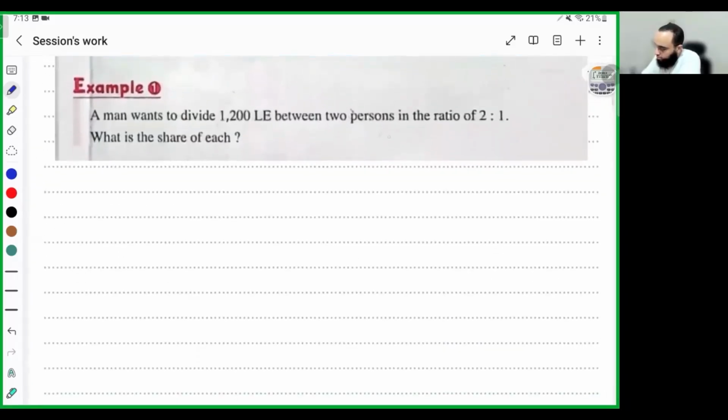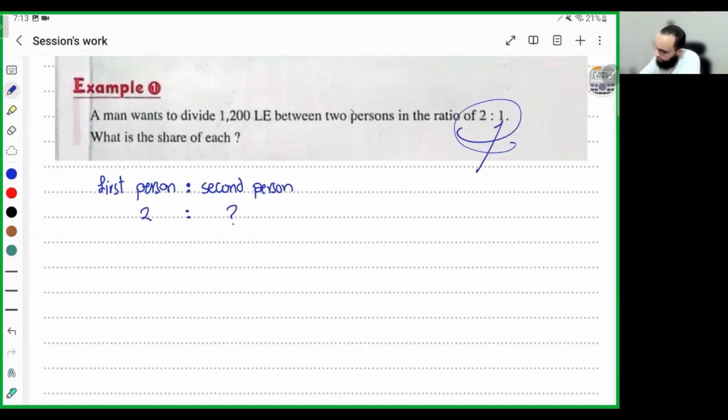So firstly, what we have to do is write the first person, and the second person. The ratio of the first person is 2, and the second is 1.